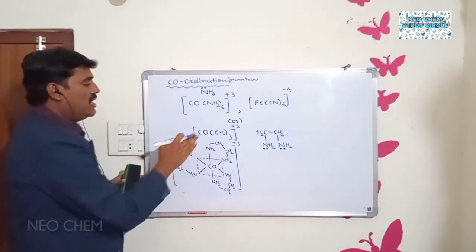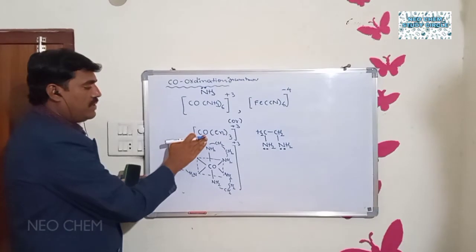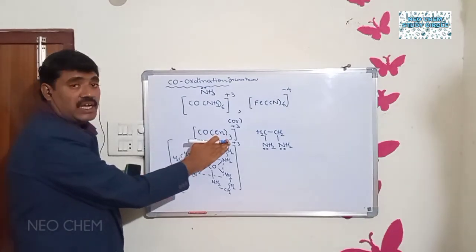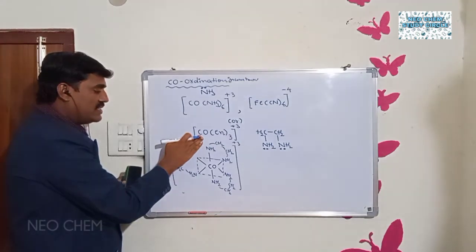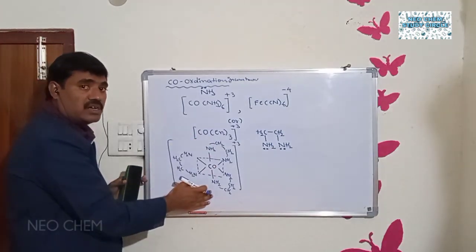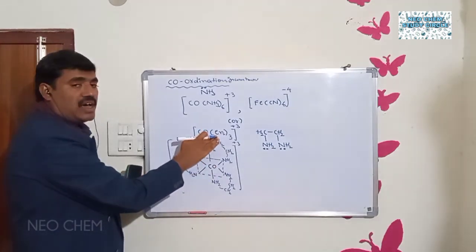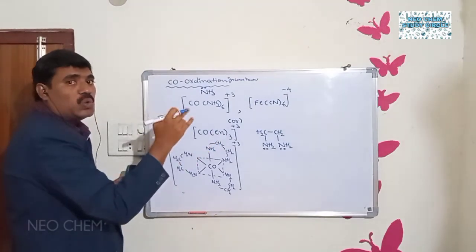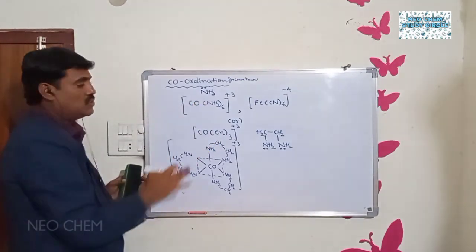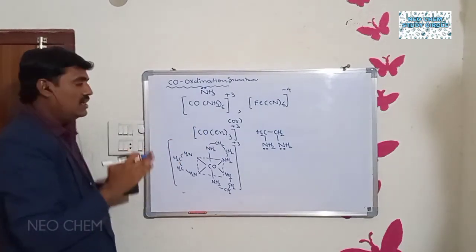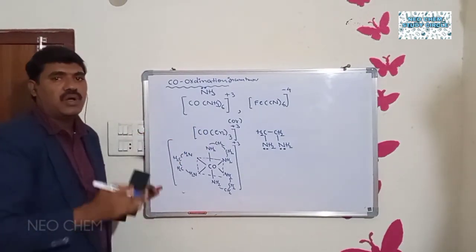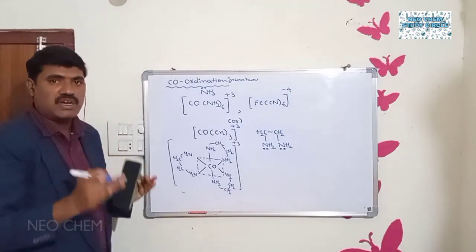That's why the coordination number of this complex compound is not equal to 3. It is equal to 6, because in each ethylene diamine ligand, 2 donor atoms are there. So 2 into 3, 6. Like that, we have to identify the coordination number of complex compounds.